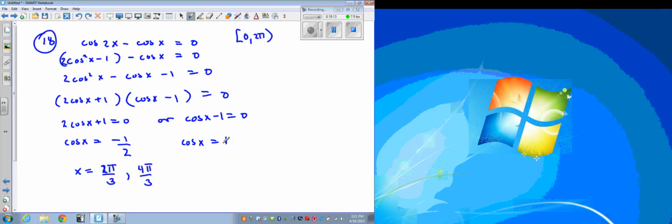It's at 2 pi, but you can't count 2 pi, you count 0, so it's at 0. So there are your answers in that range.